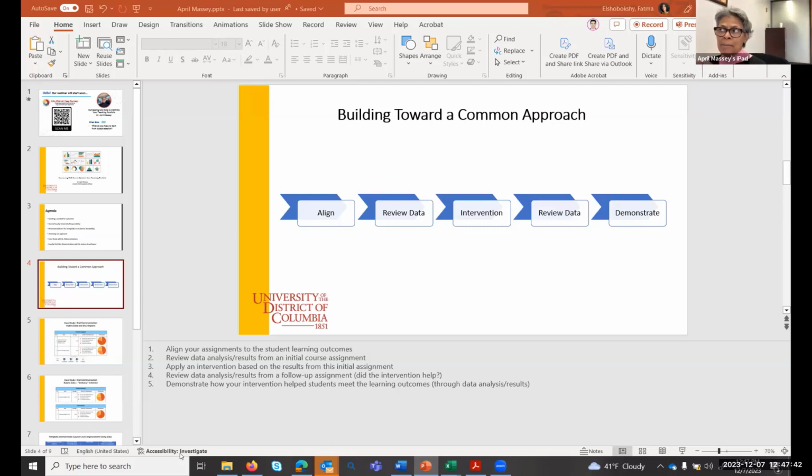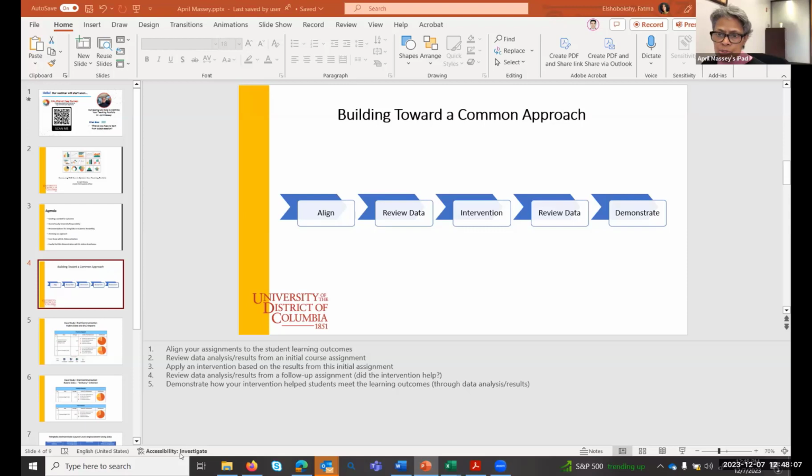If that piece is off, then the evaluation is going to be difficult on both sides. So we align from the university-approved goal and objective statement of student learning outcomes for a course, all the way through assignments to assessments, and then looping it back.